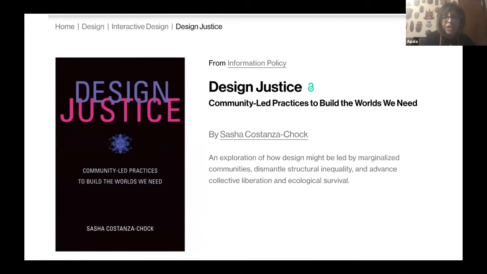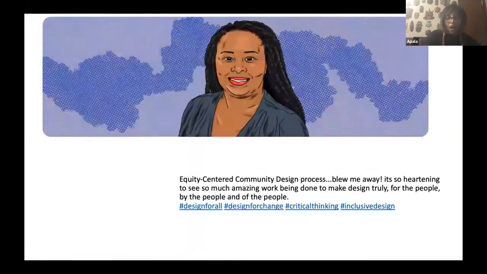In school, we are taught a little bit about communities and how you design for social innovation, but not these principles, not that the community must have agency and we must be enablers instead of we are the ones who have the agency. Or this equity-centered community design process.